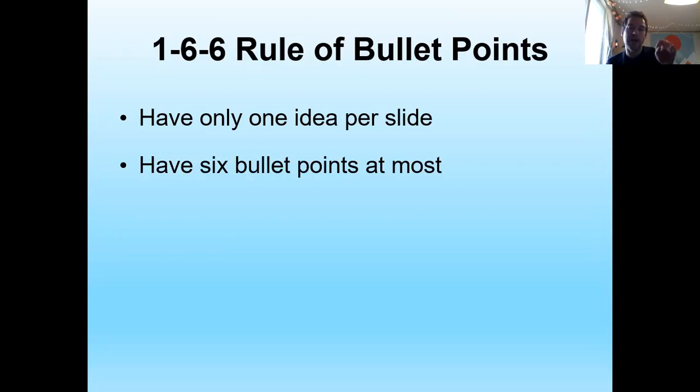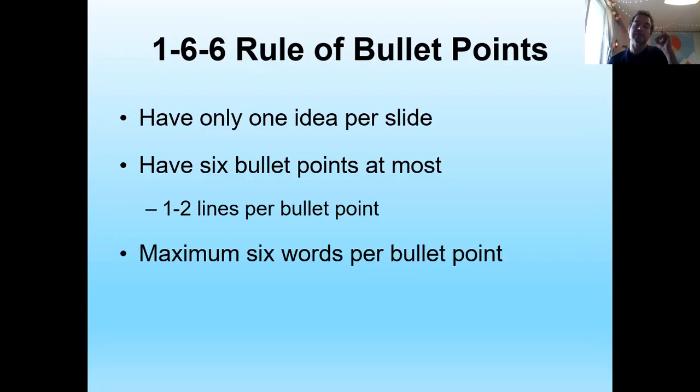6 bullet points at most per slide. 1 to 2 lines per bullet point, and maximum 6 words per bullet point. So 1 idea per slide, maximum 6 bullet points per slide, 1 to 2 lines per bullet point, and maximum 6 words per bullet point.